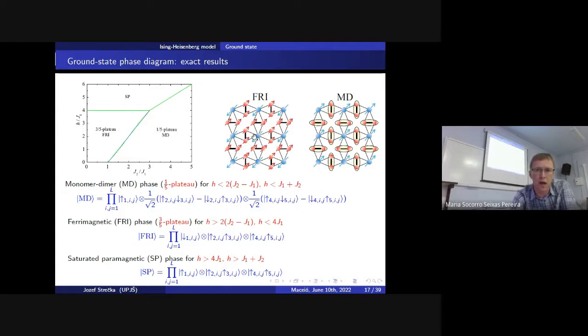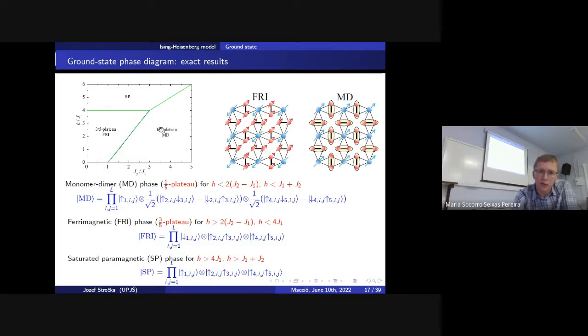Each of them we have diagonalized, and we can get eigenfunctions and eigenenergies for the given clusters, and from that we can build all possible ground states. So the first ground state, which appears at low fields and low values of the interaction ratio J2 over J1, is the classical ferrimagnetic state where the Heisenberg spins point out and the Ising spins point down.